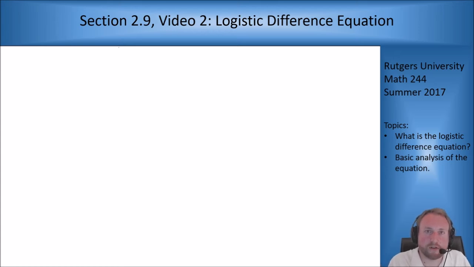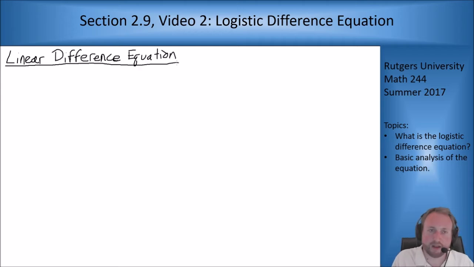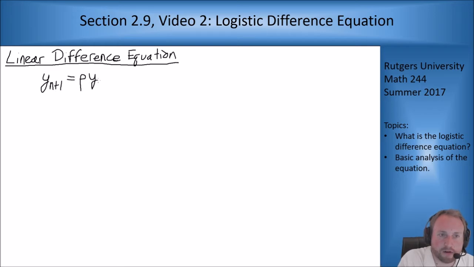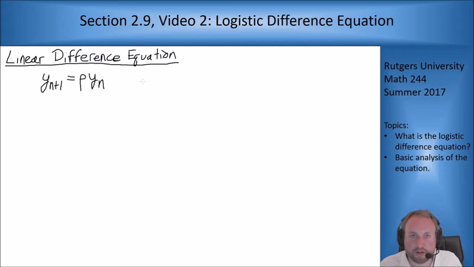So first, we'll take a brief look at the linear difference equation. And this guy just has the form y_{n+1} equals rho times y_n.